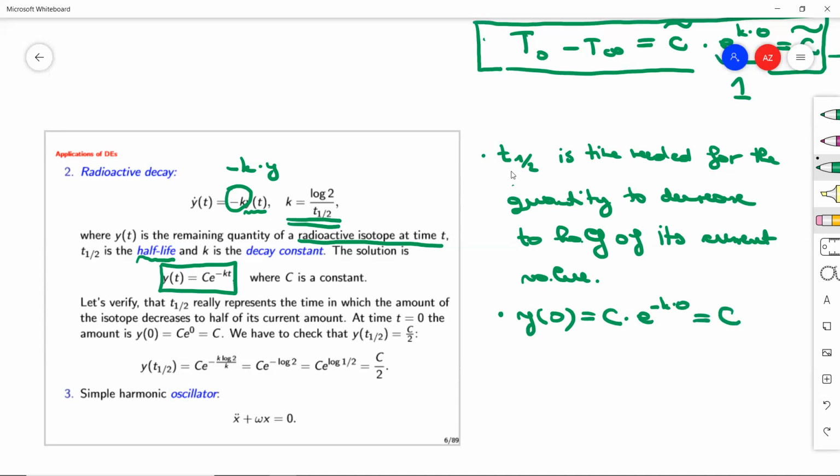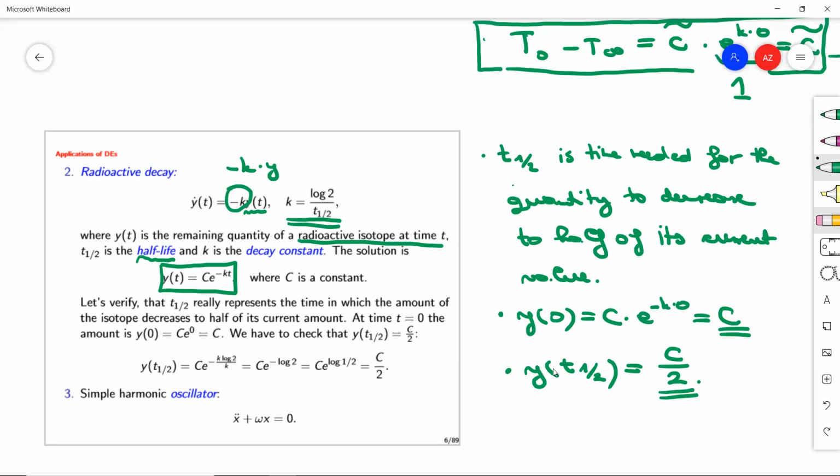And what we have to check now is that y of half-life is exactly c over 2. So at the beginning, at the current time, the quantity was c. And if the half-life really has the meaning suggested above, then y at half-life should be c over 2.